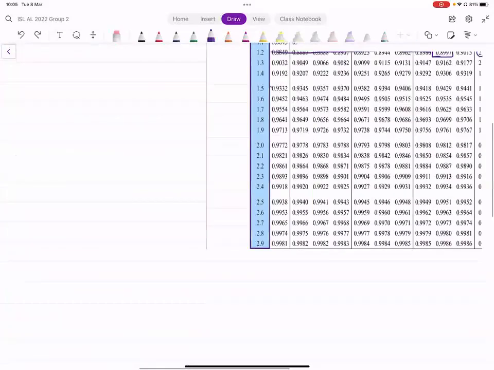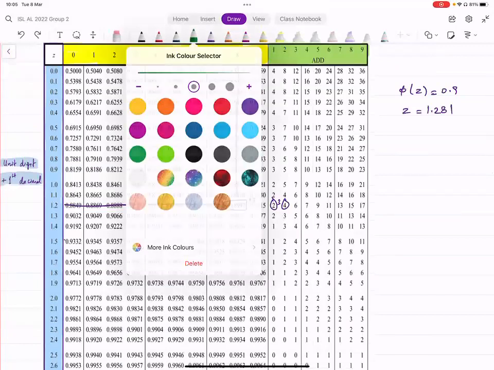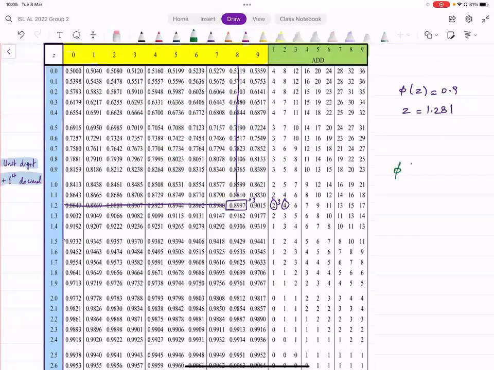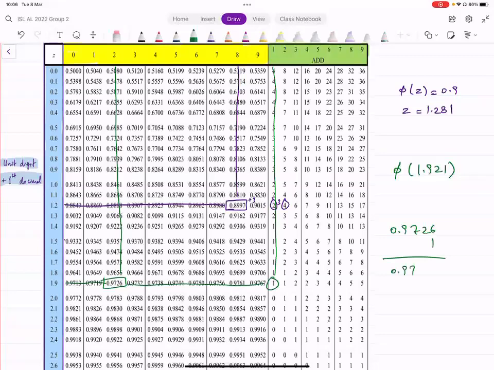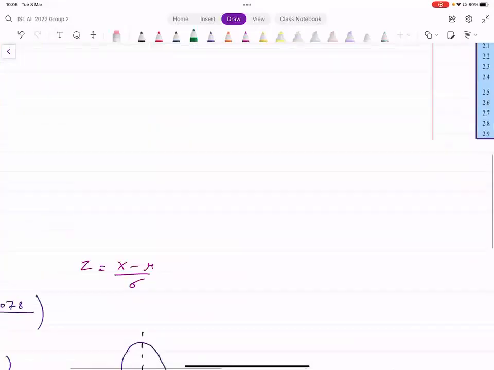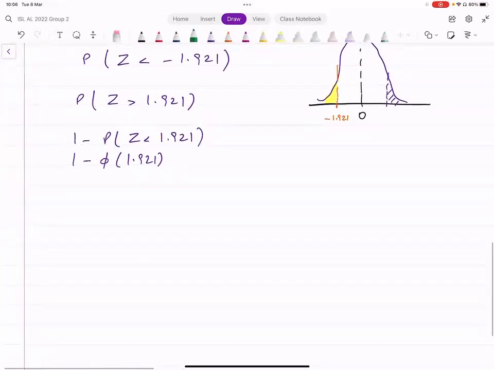1.921। लेट्स गो टू द टेबल, फाइंड दैट वैल्यू। 1.921, 1.9 is here, and then 2. This is the value that we're getting, 0.9726, and then we have 1 after that. 1 पे क्या आ रहा है हमारे पास, we are getting 1, ठीक है, 1 पे we are getting 1, इस पे 1 ऐड कर लेंगे एंड के ऊपर, we get 0.9727, that's the value of z that we get.